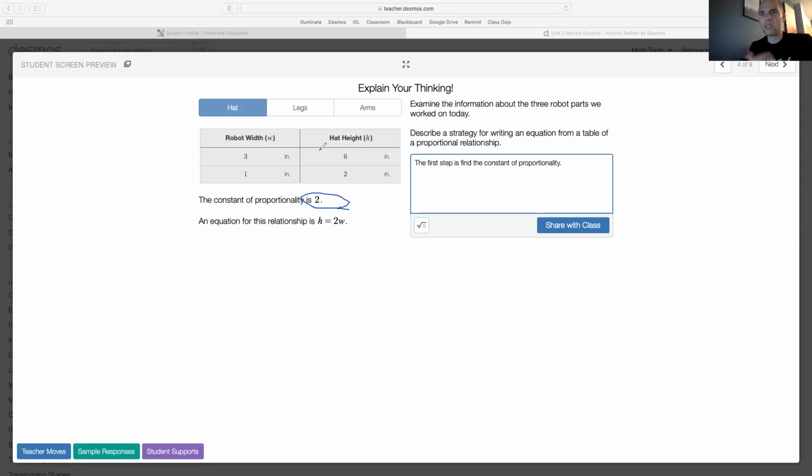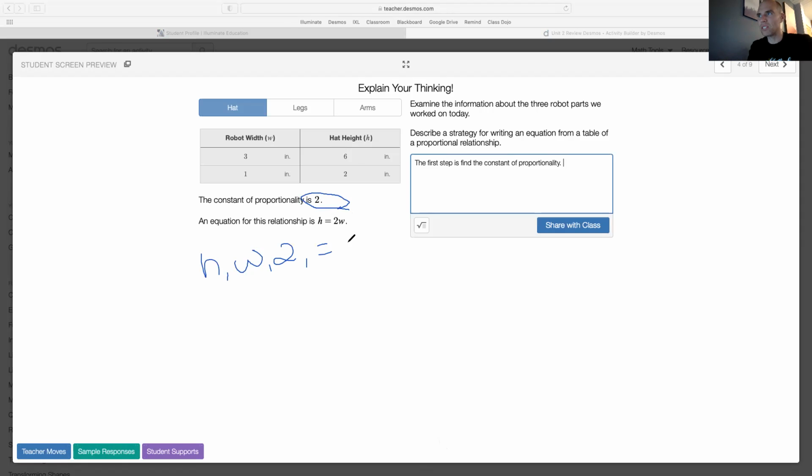All right, and so now once you have the constant of proportionality, you just need 4 ingredients. You need the 2 letters that are in the relationship. In this case, it's H and W. And then you need the constant of proportionality, which in this case is 2, and then you need an equal sign. You only need those 4 ingredients.